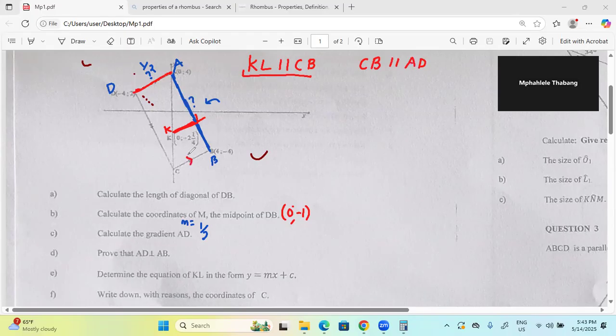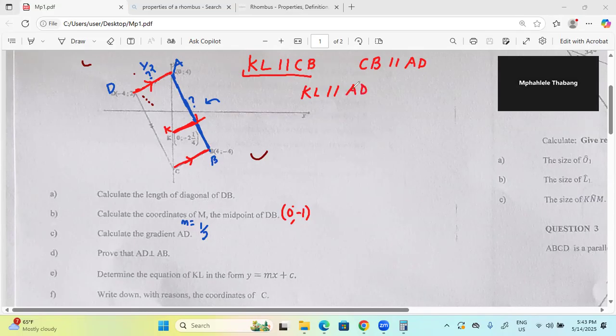So we know that CB is parallel to AD. Let me identify all these three lines with a red color. CB, KL, AD are all parallel. So KL is also parallel to AD.